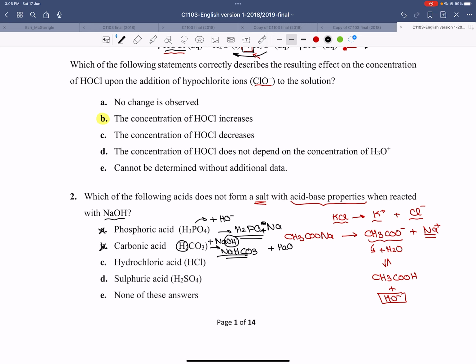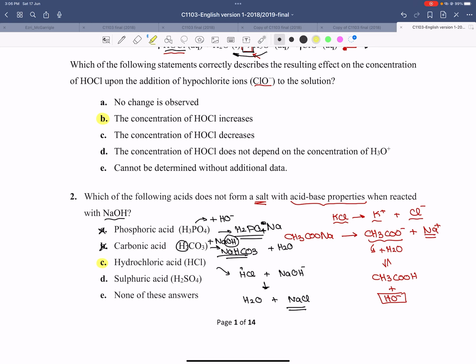Hydrochloric acid. Hydrochloric acid is basically HCl plus NaOH. When these two react, the H plus and the HO minus will give off H2O. What you have left is NaCl. NaCl is a salt. It does not dissociate into anything that has acid-base properties. So it's hydrochloric acid.